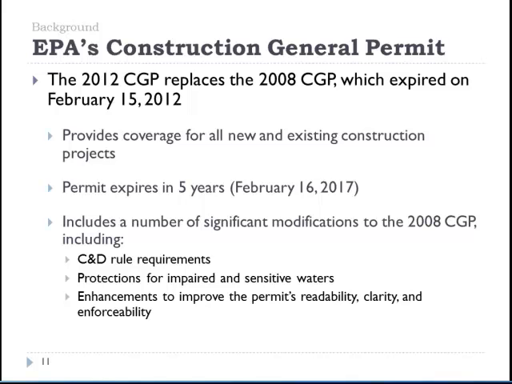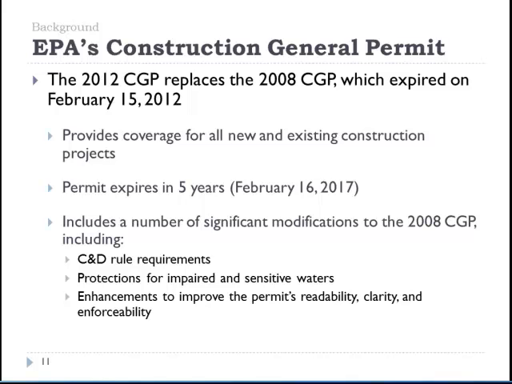So just a little bit more background on the 2012 CGP. It replaces its predecessor, which was the 2008 CGP, which expired February 15th. The new CGP went final February 16th of this year and will expire in 5 years, in 2017. It provides coverage for all new and existing construction projects.